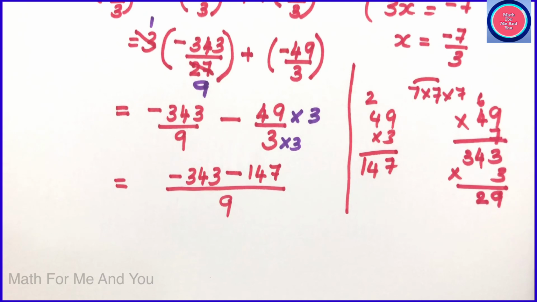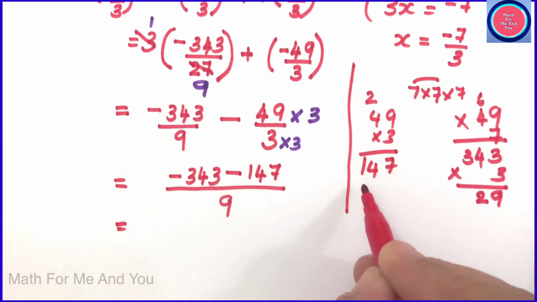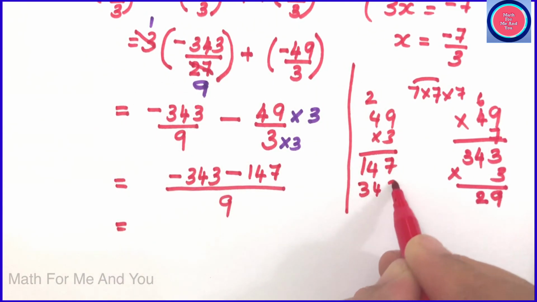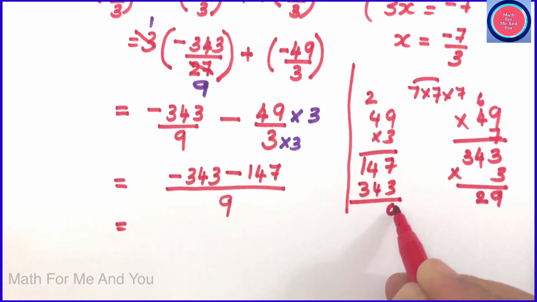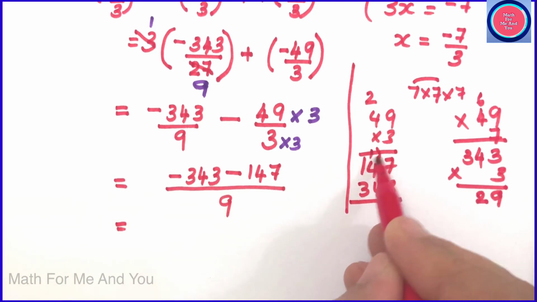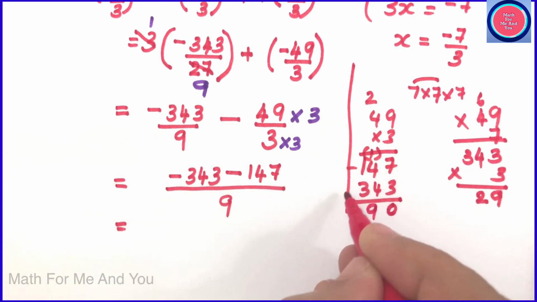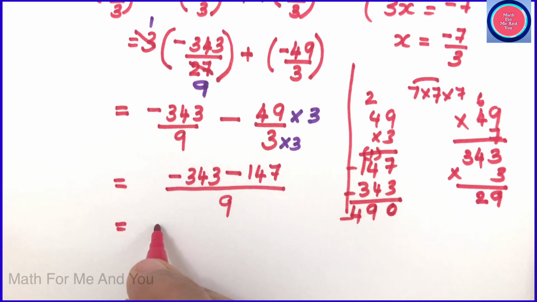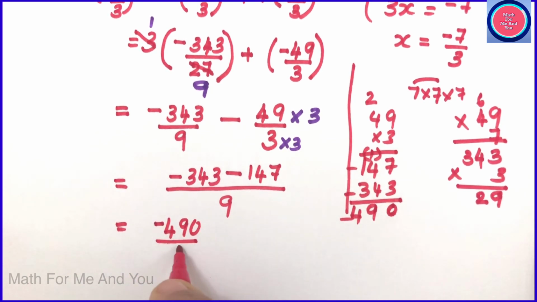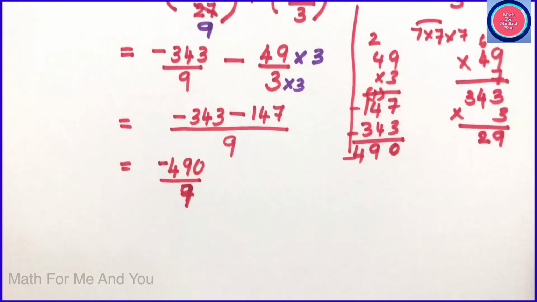Numerators, both the numbers are negative. So we can find their total. Minus 343 minus 147. Total is how much we get? It's 490. Negative, because both numbers are negative. Minus 490 over 9. See, we are getting a result which is not equal to 0.